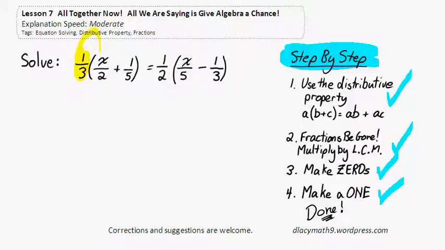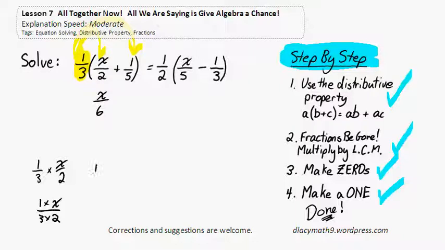So the first step is to use the distributive property to multiply this fraction 1/3 into the other terms. That's 1/3 times x over 2, but that's 1 times x over 3 times 2, because in multiplying fractions you multiply numerators and denominators, giving us x over 6.